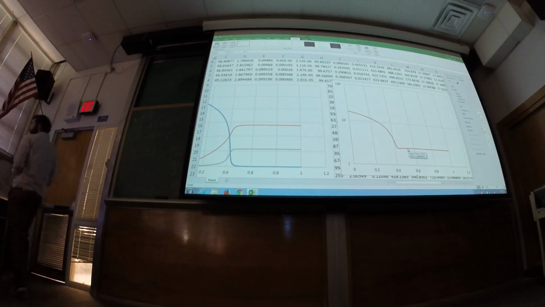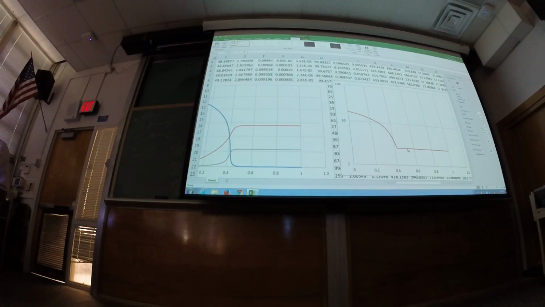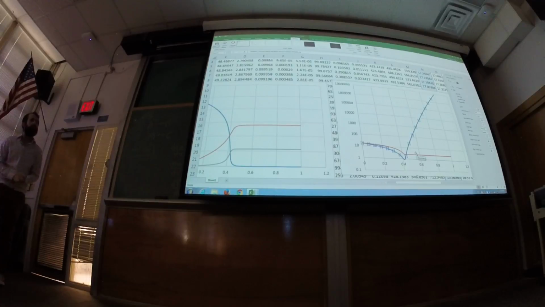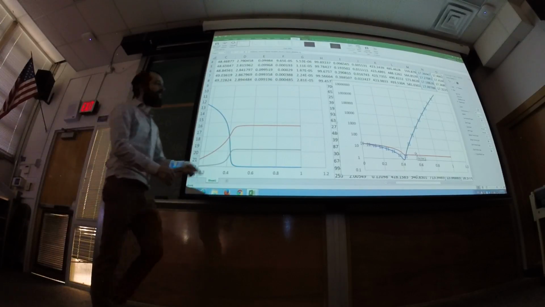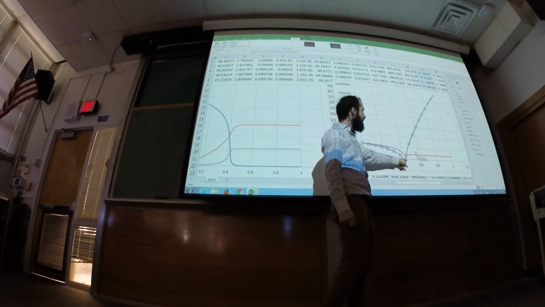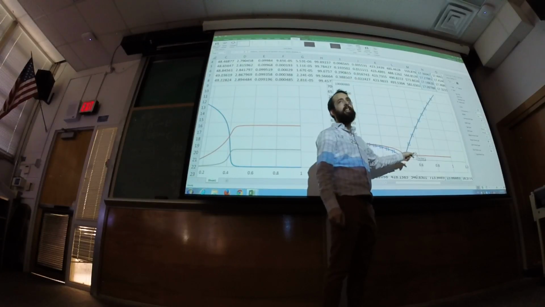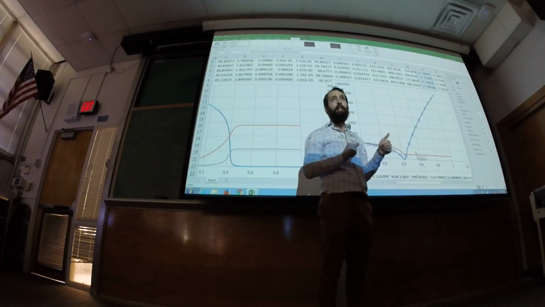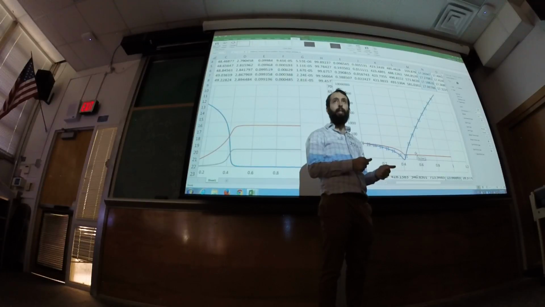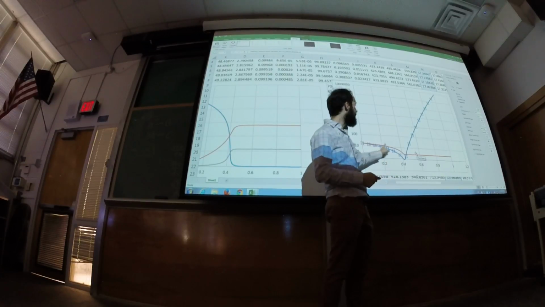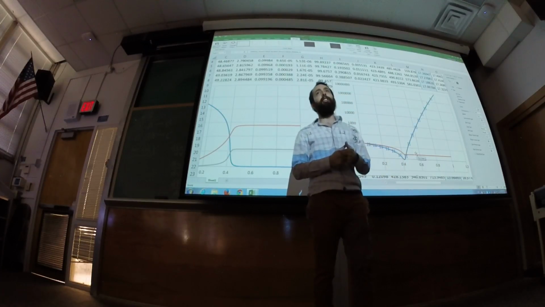What happens if I look at the instantaneous selectivity? That's this blue curve. So again, it decreases, and there is a small region where you're actually, at that moment, making more C than B. But for the most part, the instantaneous selectivity is greater than 1.